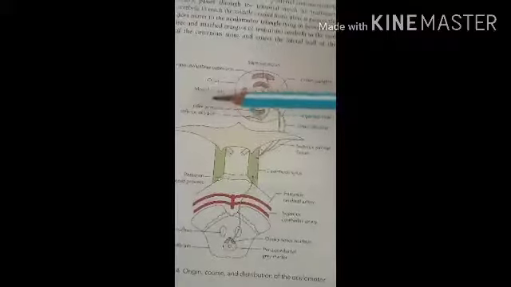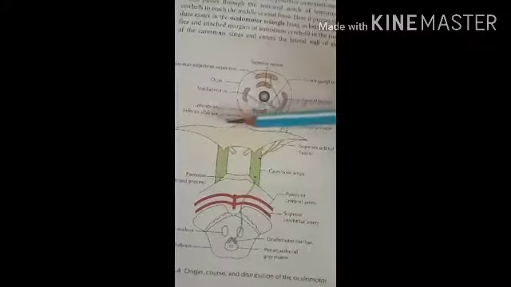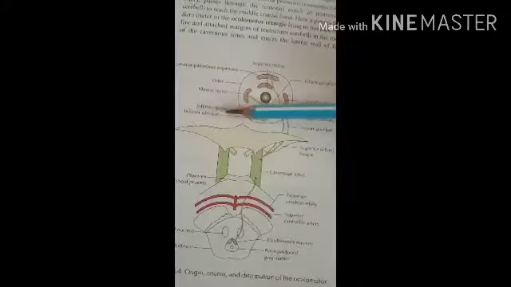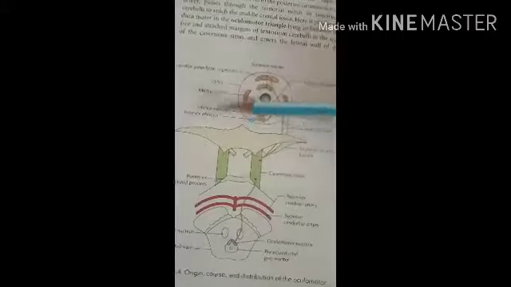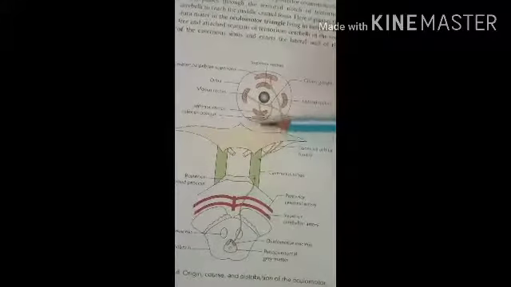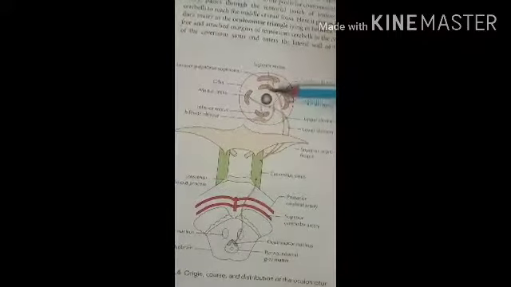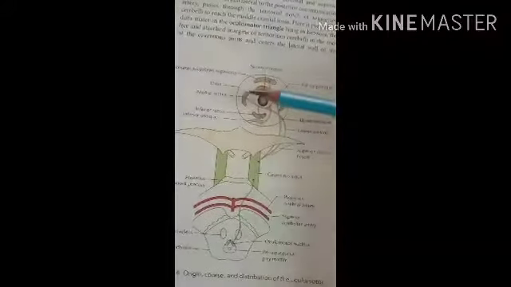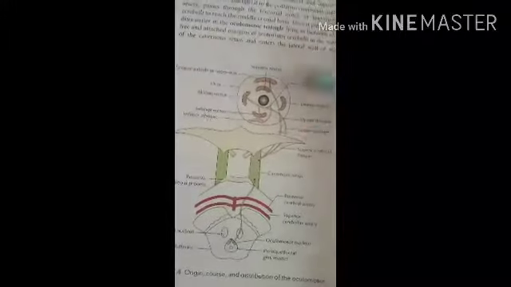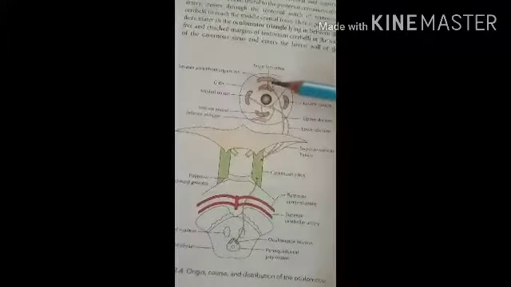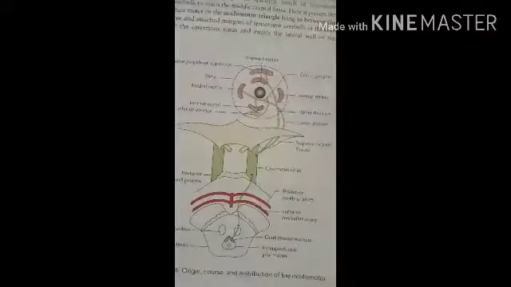The postganglionic fibers from this ganglion run through the ciliary nerves and supply the sphincter pupillae and the ciliaris muscle. So that is the course and the root of the oculomotor nerve.